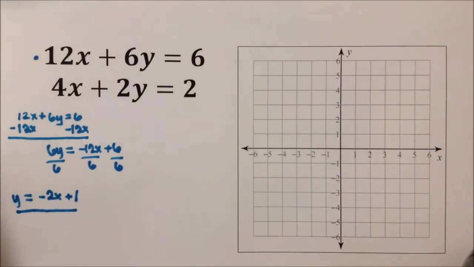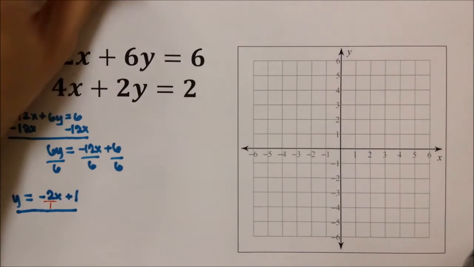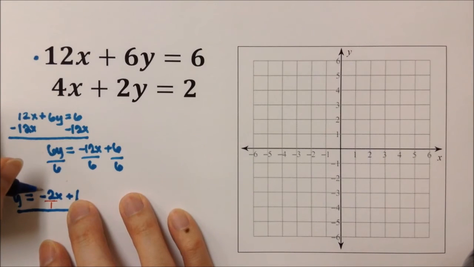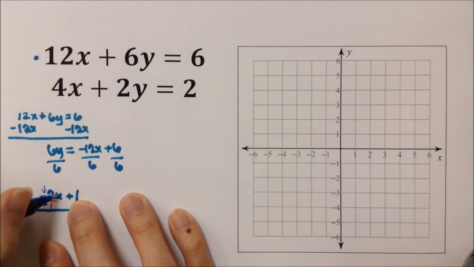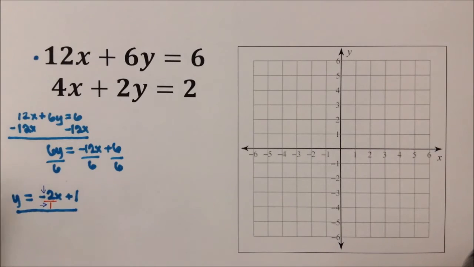Now, we have a whole number, so we're going to convert it into a fraction. I'm going to put it over 1. And since it's a negative slope, that means it's going to go down 2 and right 1. So negative 2x is the same thing as negative 2 over 1. So down 2, right 1.